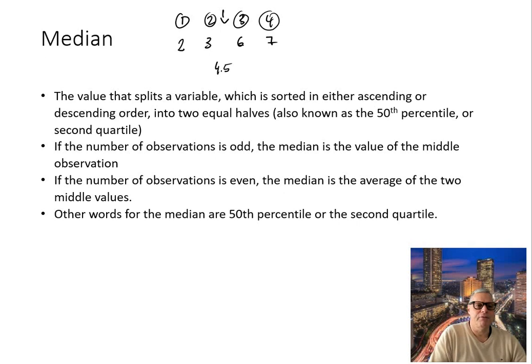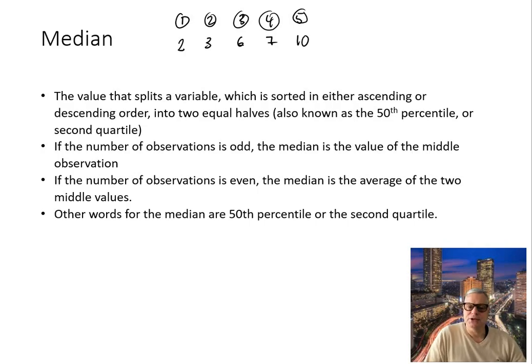But if we had an odd number of observations, let's say we have 5 observations, and there's another observation which is maybe the child is 10.